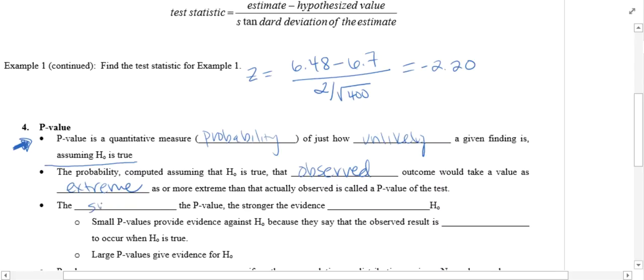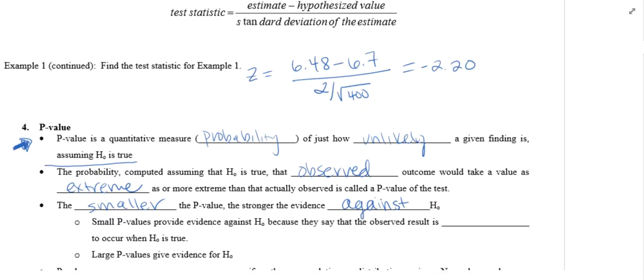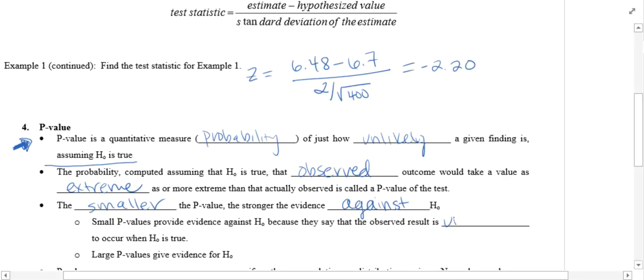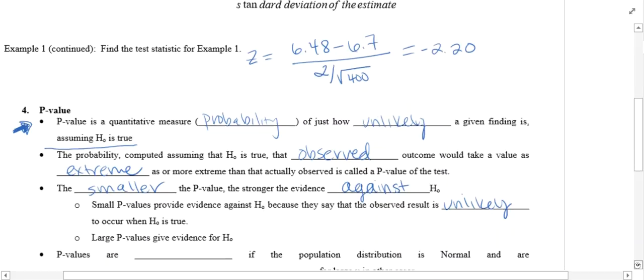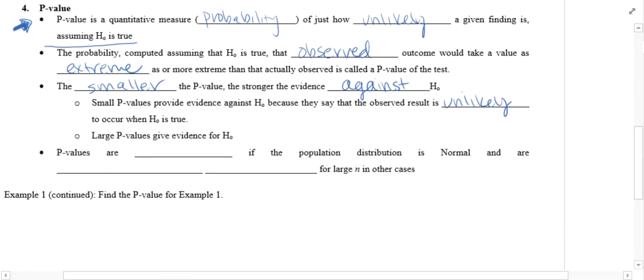The smaller the p-value, the stronger the evidence against the null hypothesis, which again, that's what we're trying to find evidence for, against the null. So that's what we want. Small p-values provide evidence against the null because they say that the observed result is unlikely to occur when the null is true. So therefore, we have evidence that the null has changed.